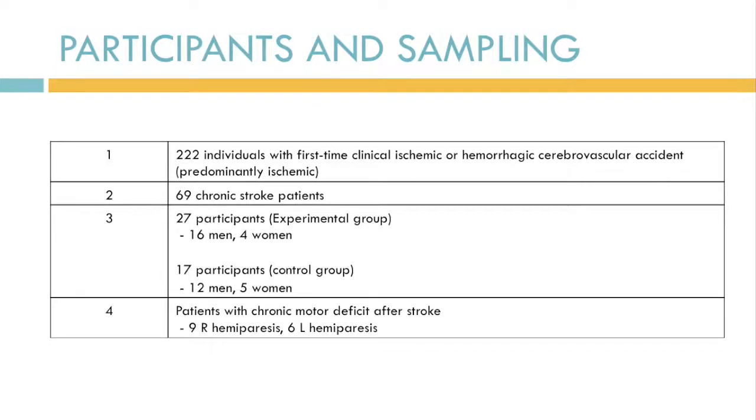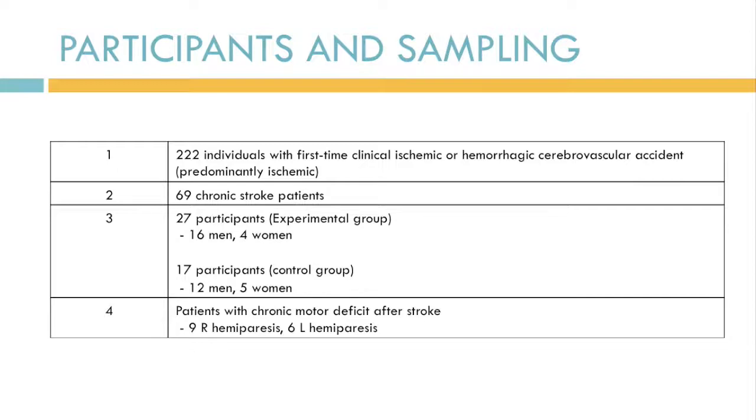The first study was composed of 222 individuals with first-time clinical ischemic or hemorrhagic cerebrovascular accident who were predominantly ischemic. The second study was composed of 69 chronic stroke patients.